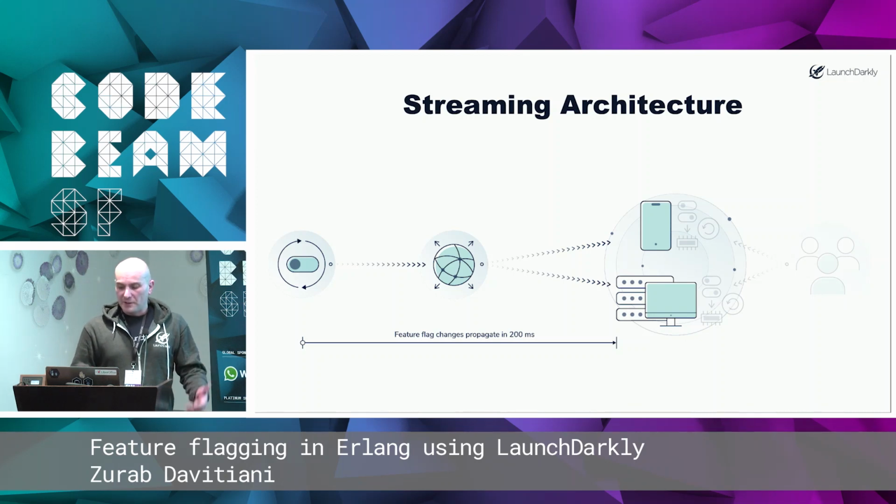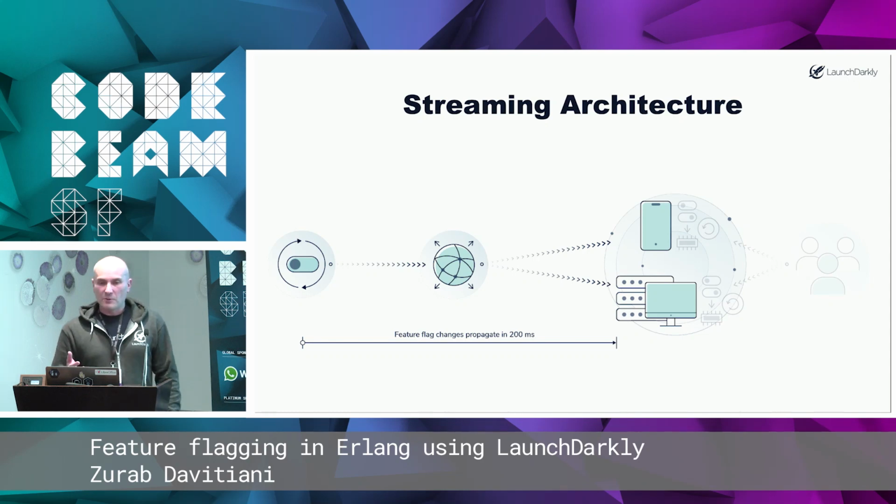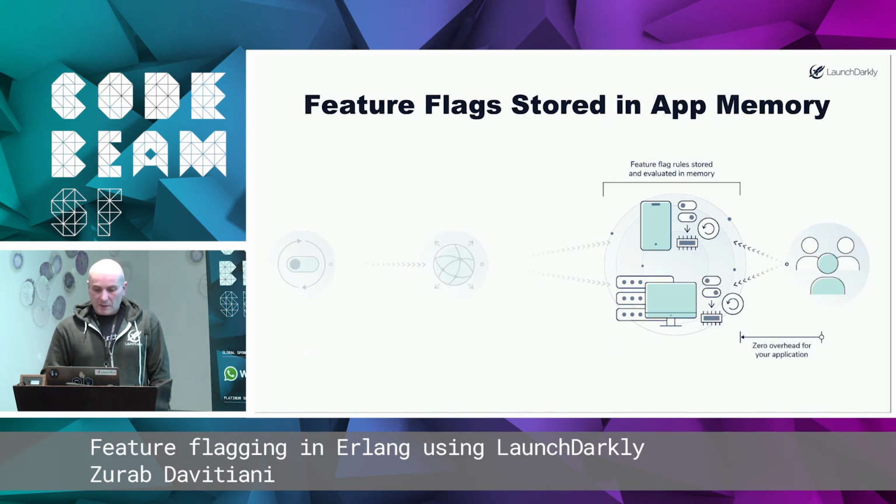These changes are usually propagated from the service in around 200 milliseconds from when the updates are made. And to do this, SDKs use a relatively little known, but still standard protocol called SSE, for server-sent events. Importantly, because of this, all evaluations are performed locally, and they're extremely fast.